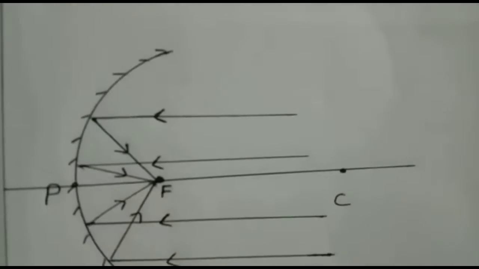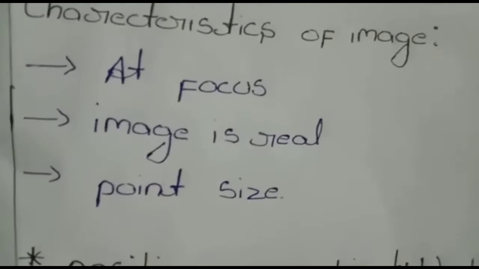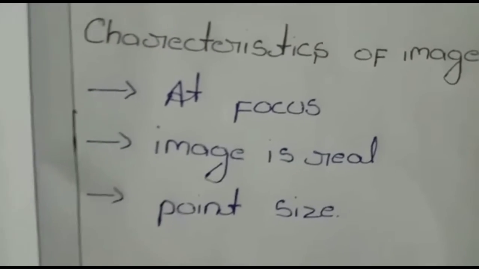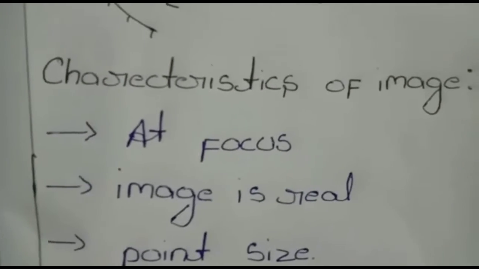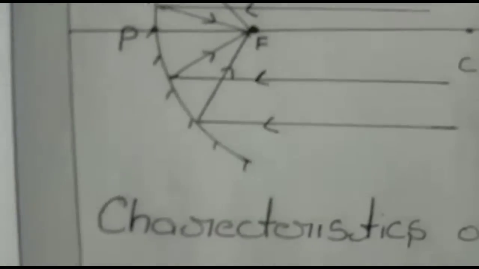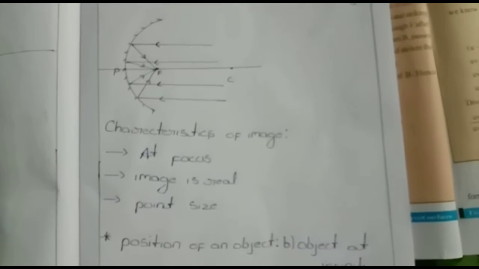Here it is a real image. Third, real images are inverted. Last one, the size of the image is point size. Friends, you may get this kind of question for 2 marks, so write it, it is important.